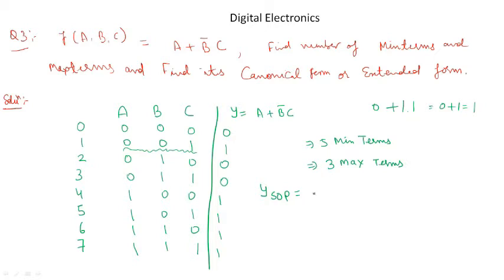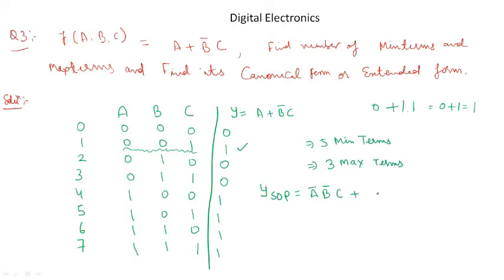Now we are getting output 1 here, so the SOP form for this output will be: A is 0, so it will be written as A bar. B is 0, so it will be written as B bar. C is 1, so it will be written as C.